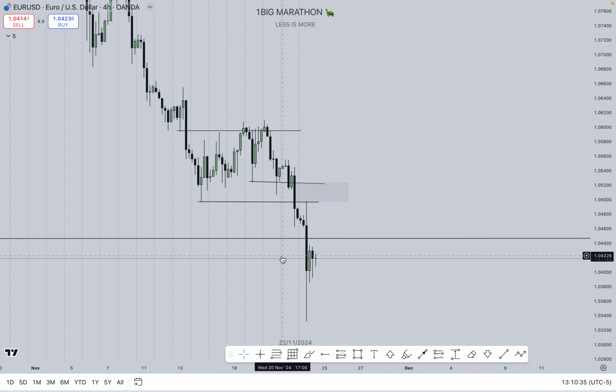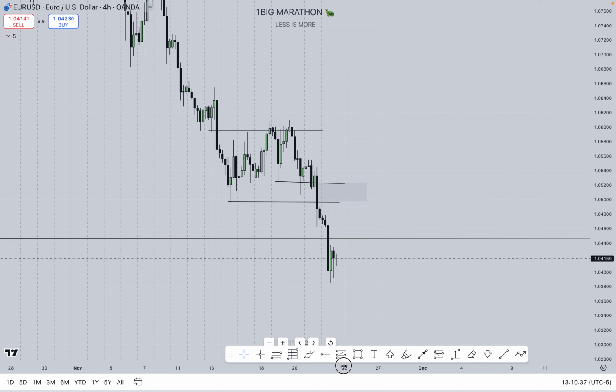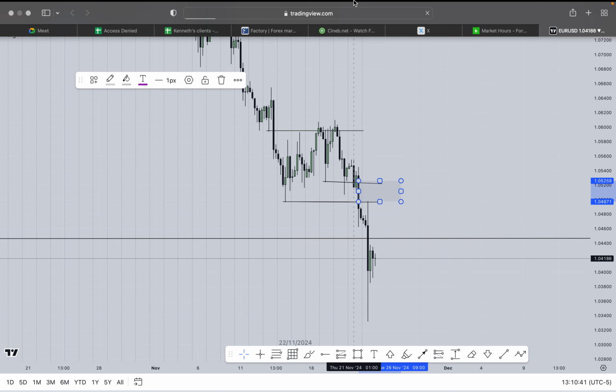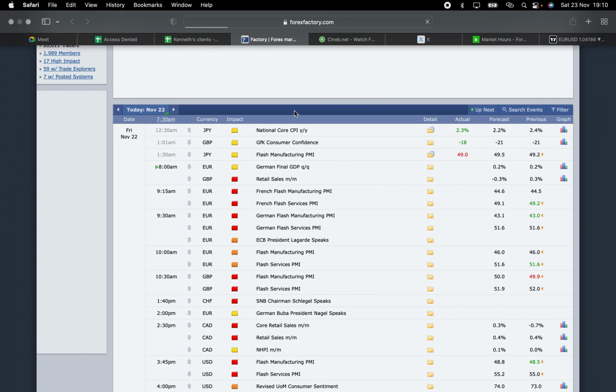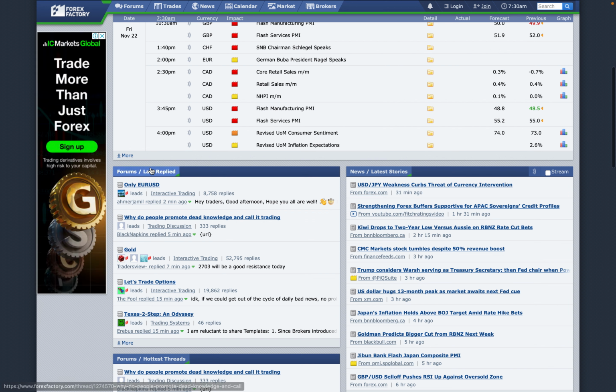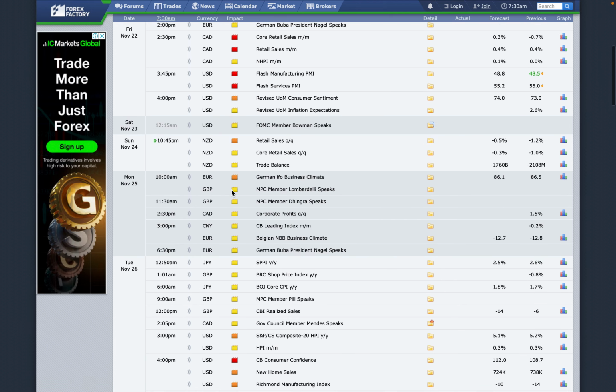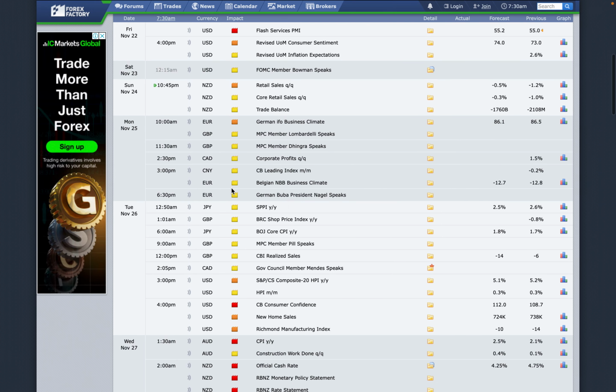But it's Monday, I'll need to check on fundamentals to see if we have something heavy to look out for. So we'll check on fundamental analysis and look at what I have for next week. You can just go to forexfactory.com, you see all the fundamental analysis. Those that have red folders, I consider heavy impact news, yellow folders are light impact, and orange are medium impact.